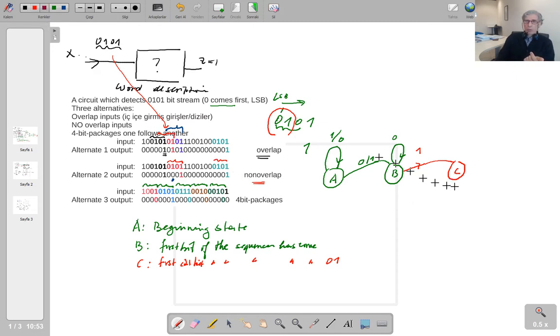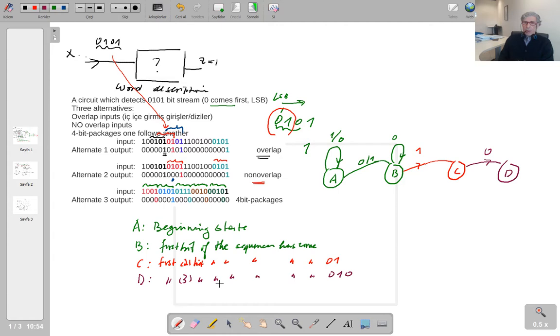When 0 comes, it's going to be D state. The name of the D state: the first 3 bits of the sequence have come. 0, 1, 0. Right?